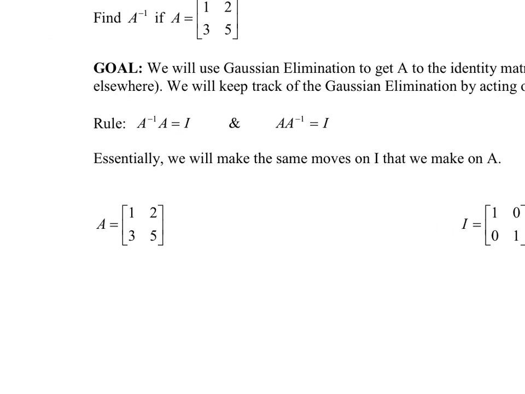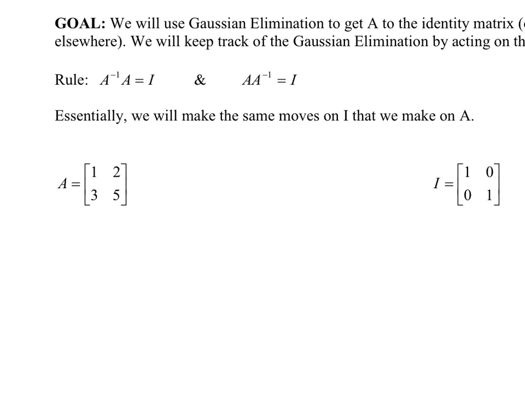We could call it the inverse of A, with values A sub 1, 1, A sub 1, 2, A sub 2, 1, A sub 2, 2, and then perform your matrix multiplication, which again is just your inner products.